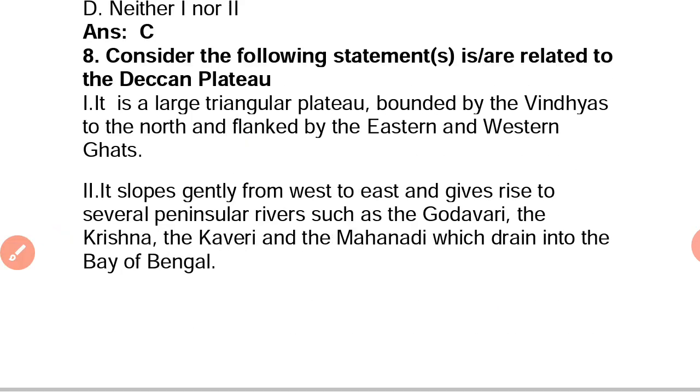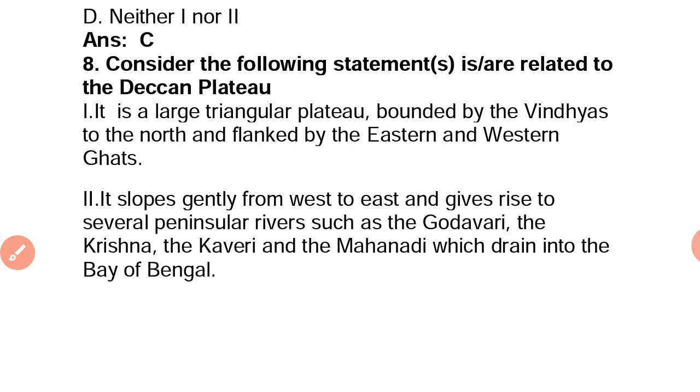Next question. Consider the following statements related to the Deccan Plateau. I. It is a large triangular plateau bounded by the Vindhyas to the north and flanked by the Eastern and Western Ghats. II.